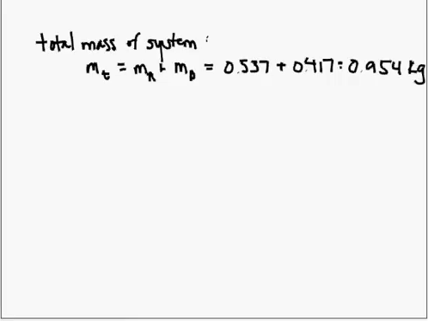Okay, so this is our initial total mass and our final total mass because we have a closed system.